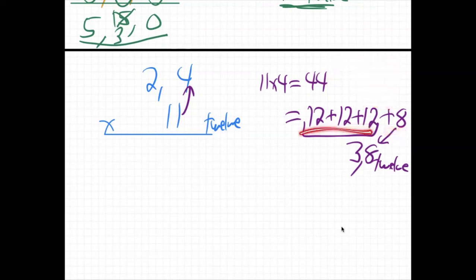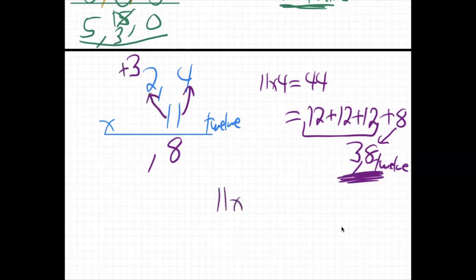So 12, 12, 12, 36, and 8 more. That is 44. So that's 3 12s and 8 left over. So that becomes 3, there's the comma, 8. 44 is 3, 8.